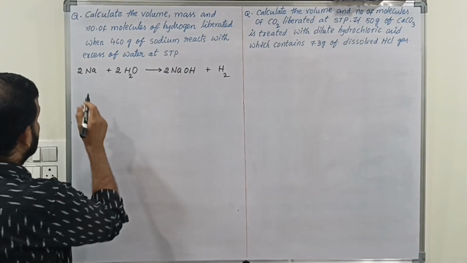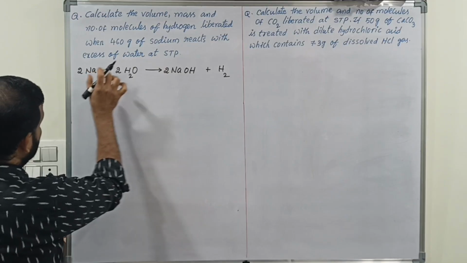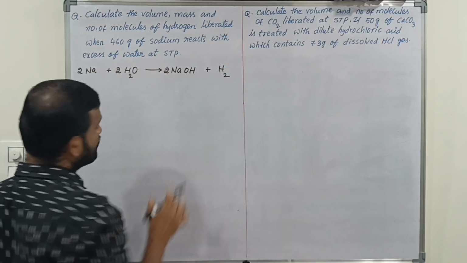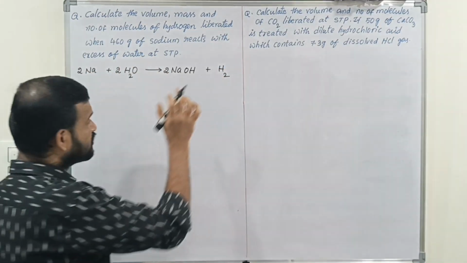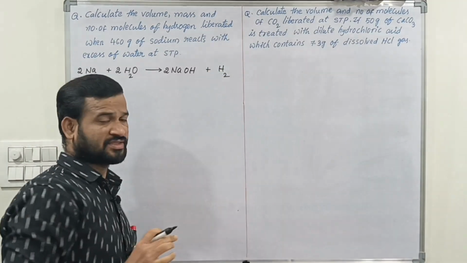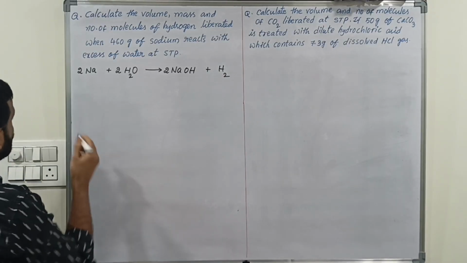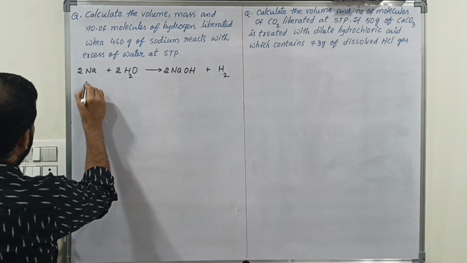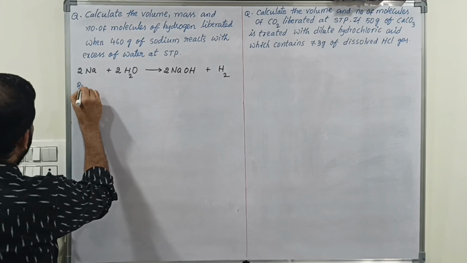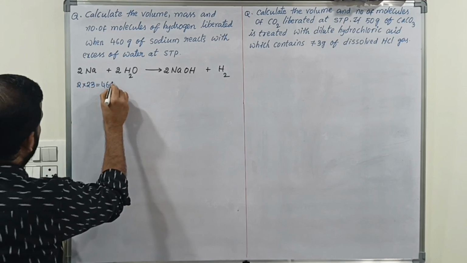According to this equation, how much mass of sodium gives how much mass of hydrogen gas, how much volume of hydrogen gas, and how many molecules of hydrogen gas? So we will see. Sodium atomic mass is 23. How many sodiums are given? 2. So 2 into 23, that is 46.